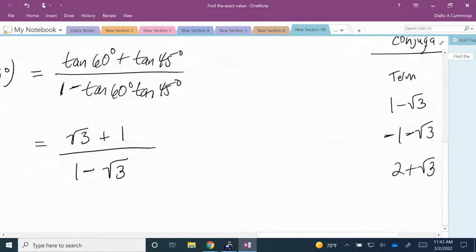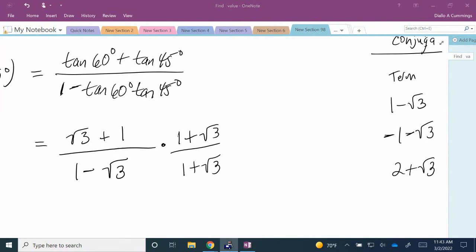So in this case, we're going to multiply both the numerator and the denominator by the conjugate of the denominator. So the conjugate of the denominator is 1 plus the square root of 3. Remember, anytime you divide anything by itself, this value is 1. 1 plus the square root of 3 divided by 1 plus the square root of 3 should equal 1.